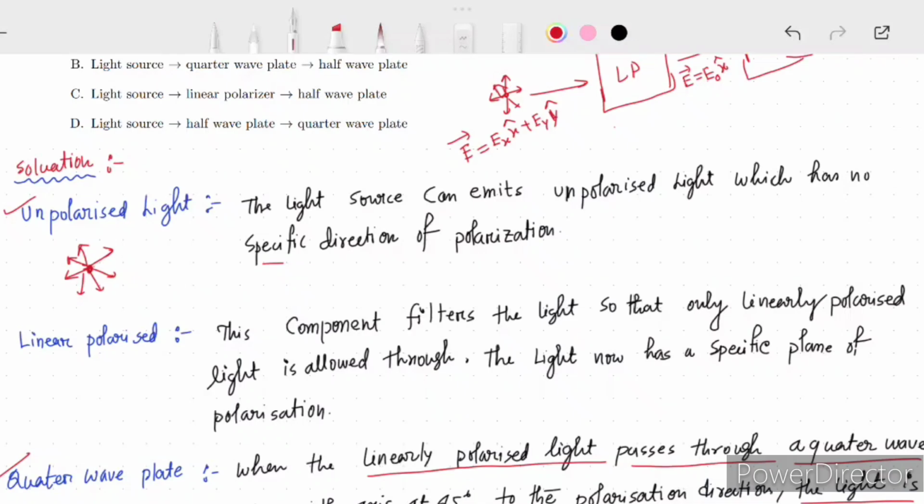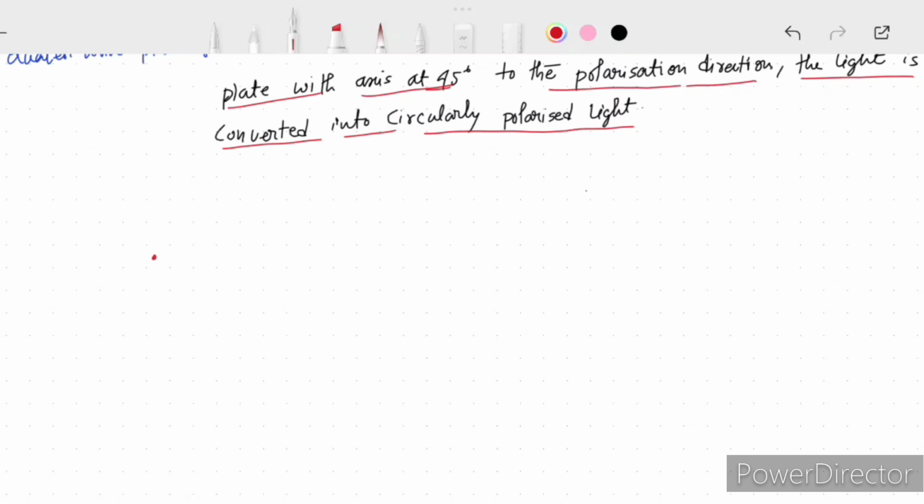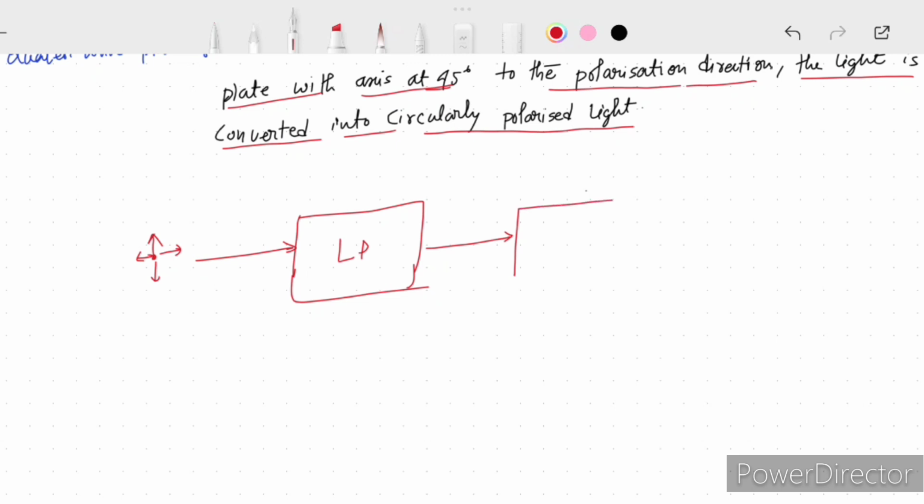Consider an unpolarized light that passes through a linear polarizer, and then this linearly polarized light passes through a quarter wave plate. Let us consider the electric field of the unpolarized light. It has two components, Ex x cap plus Ey y cap.